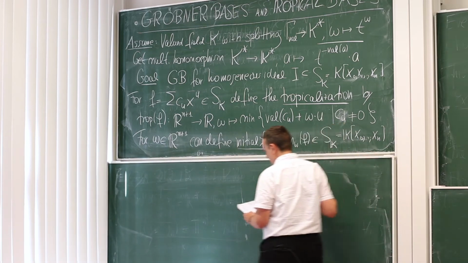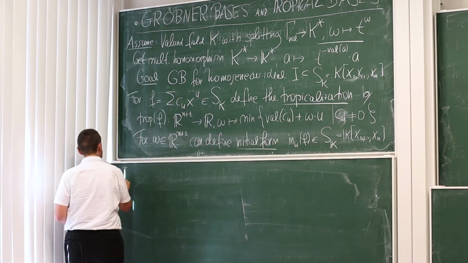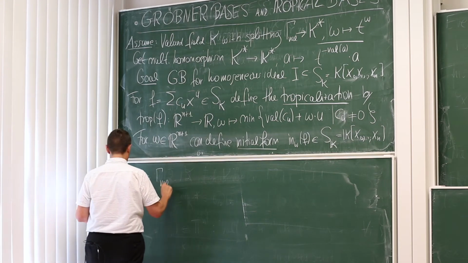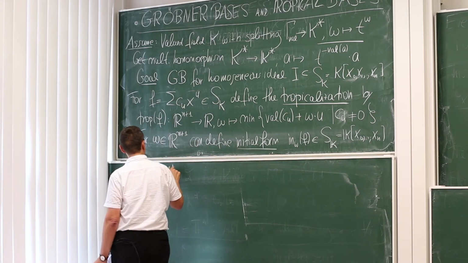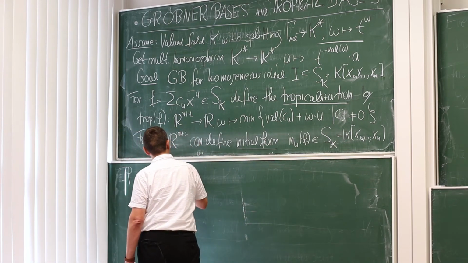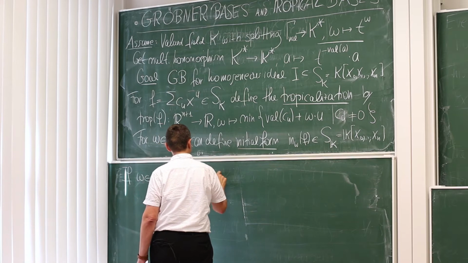Let me give you the definition in a simplified version. If it so happens that the coordinates of w are in the value group, so if w is in gamma to the n plus 1, then the initial form can be defined as follows.